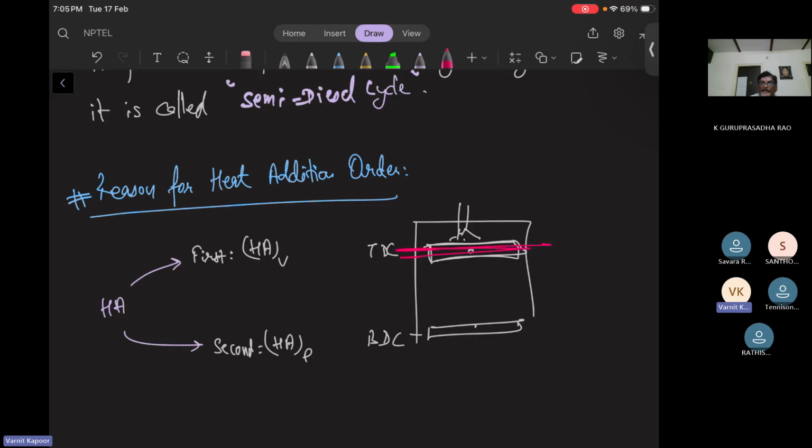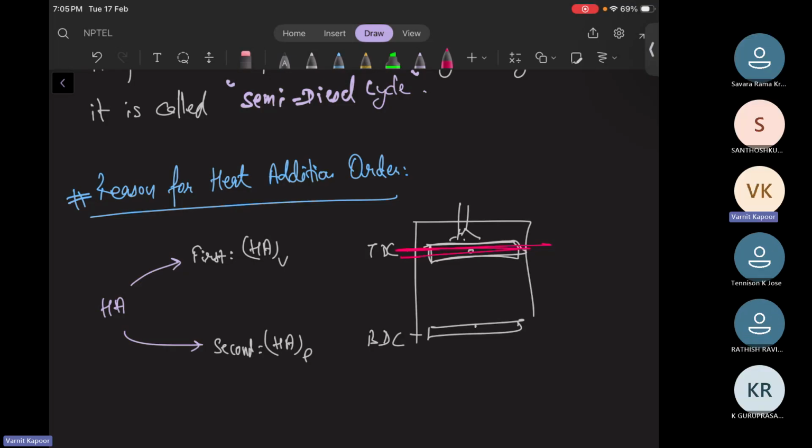I can do that because the piston velocity is zero at the TDC, the top dead center, and the volume at that instant is also constant, so I can immediately add the heat. But if I first add heat at constant pressure and then try to add heat at constant volume, is it possible to stop this piston midway? Is it possible?